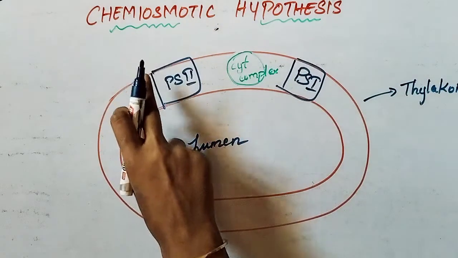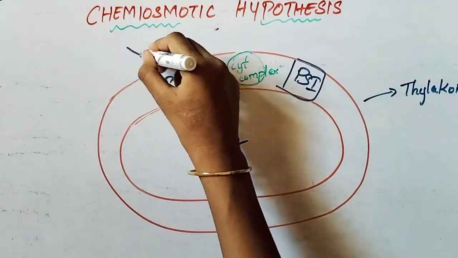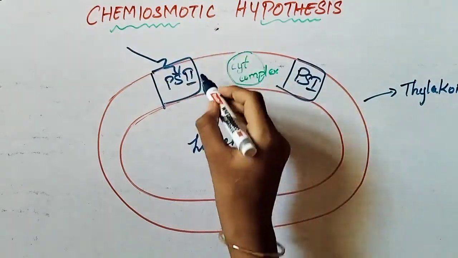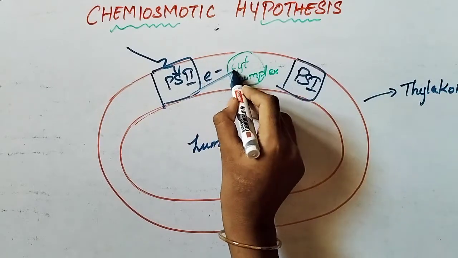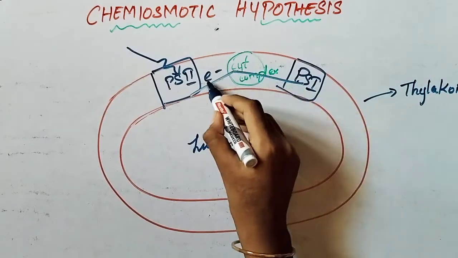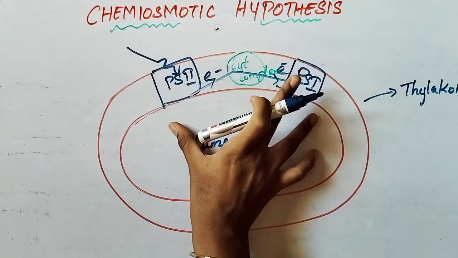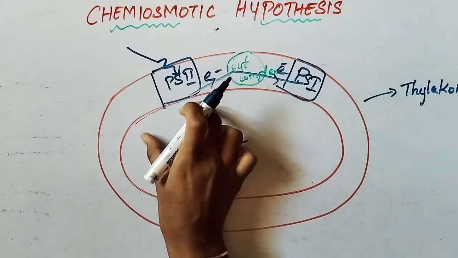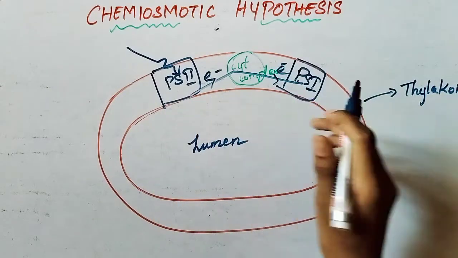When light falls on this and this, the electrons get excited, so light comes here and the electron reaches this and again comes over here. For this step we will stop. We have seen PS2 over here, the cytochrome complex, and PS1.